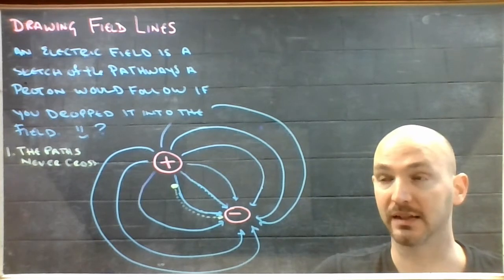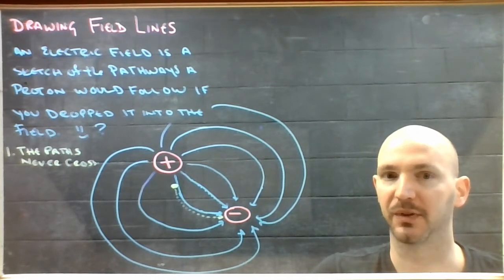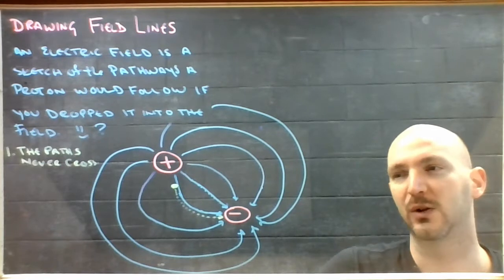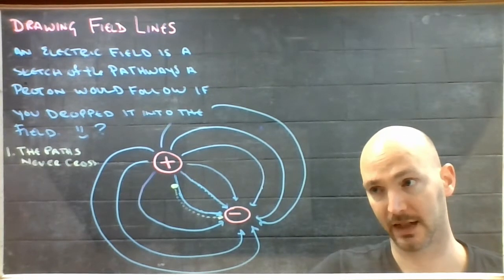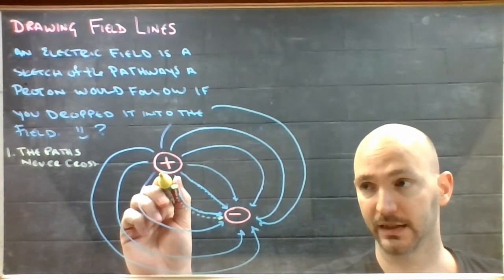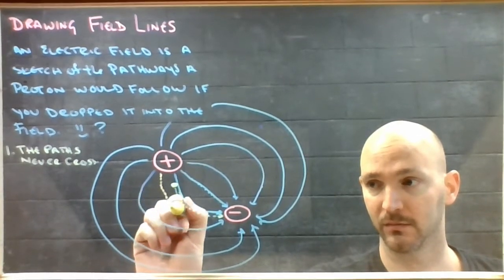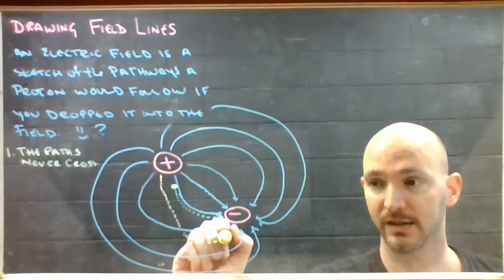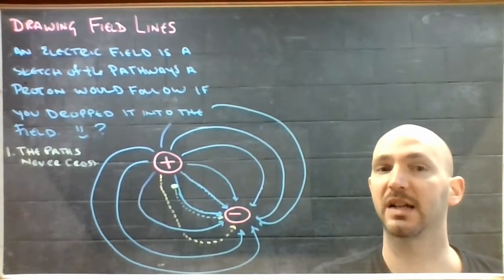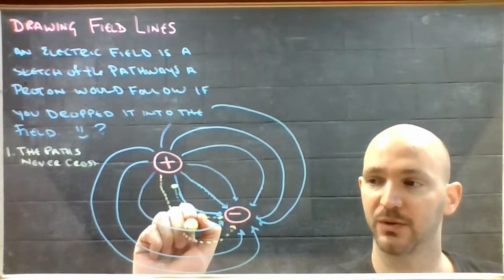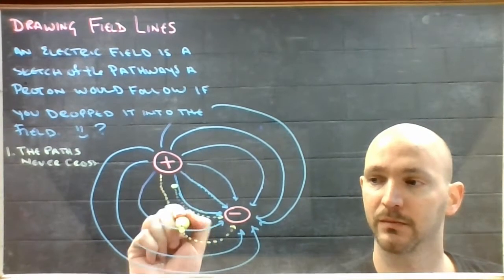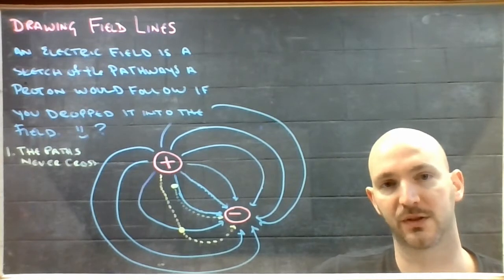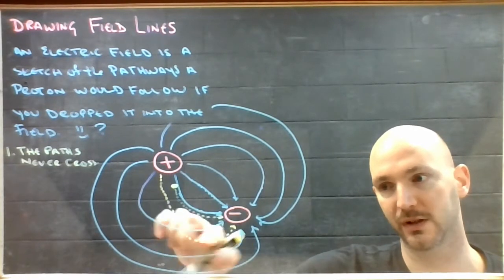They don't have brains. They're just lumps of whatever they are. So if I were to draw in a hypothetical field line like this one, so that it crossed, now imagine yourself a proton, and I put you here. Which one of those paths are you going to choose?